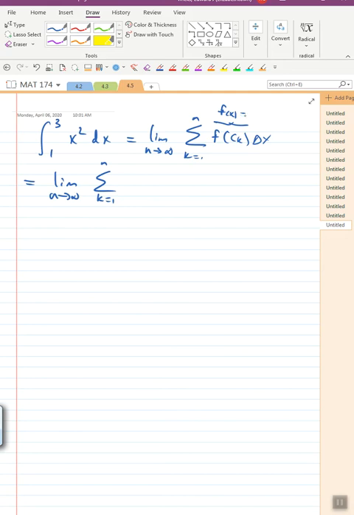F of x is the x squared function. And what am I plugging into it? I'm plugging in 1 plus k times 2 over n, which is 1 plus 2k over n. So if I plug that input value into that function, I think what we're talking about is 1 plus 2k over n squared. That would be this guy.